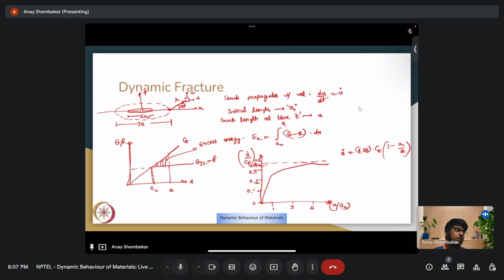The crack propagation velocity can be normalized against the bulk elastic wave velocity, and we see that it has a limit, and that looks like this below graph.